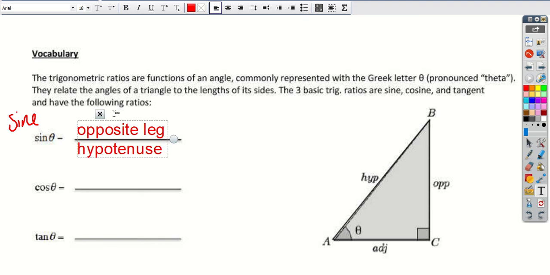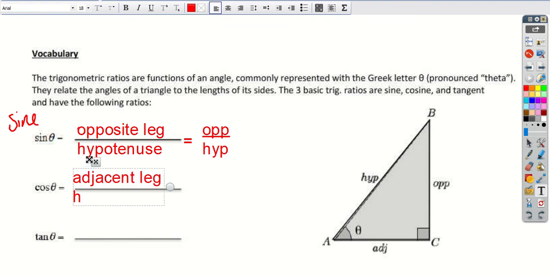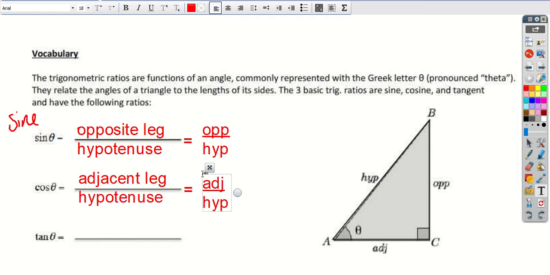And so we actually give this the abbreviation OPP over the HYP. For cosine, this is the adjacent ADJ leg over the hypotenuse. So if we're using our abbreviations here, we're going to call this the adjacent over hypotenuse.